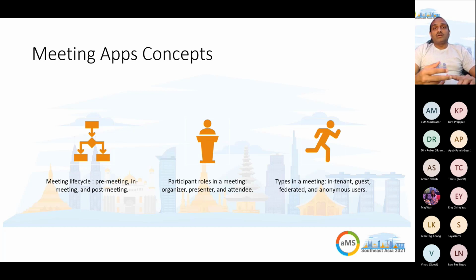They have access to minimal information of the resources and the channels, but they are still a guest. They don't belong to that tenant, but are one level down. The third one is anonymous or federated, which means they don't belong completely to the AD. They can just attend. They don't have access to any other resources. They just come, attend, see the detail, and go off. That's it. So according to these scenarios, you can customize your apps.